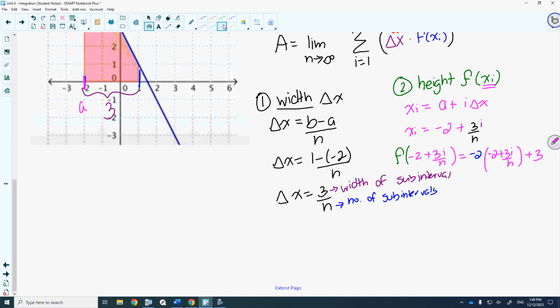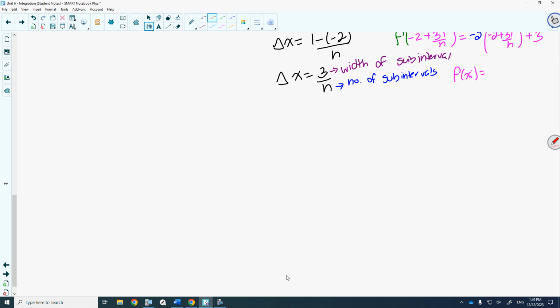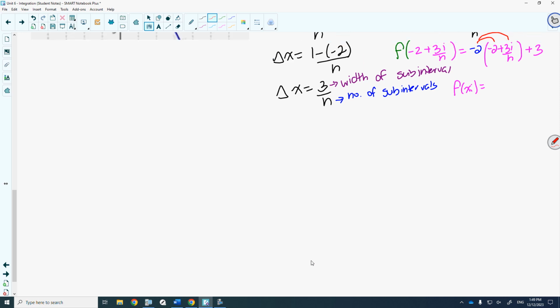So f of x sub i is the height of our rectangle. We use algebra to distribute the negative 2 inside and we get 4 minus 6i over n plus 3. So f of x sub i is 7 minus 6i over n.